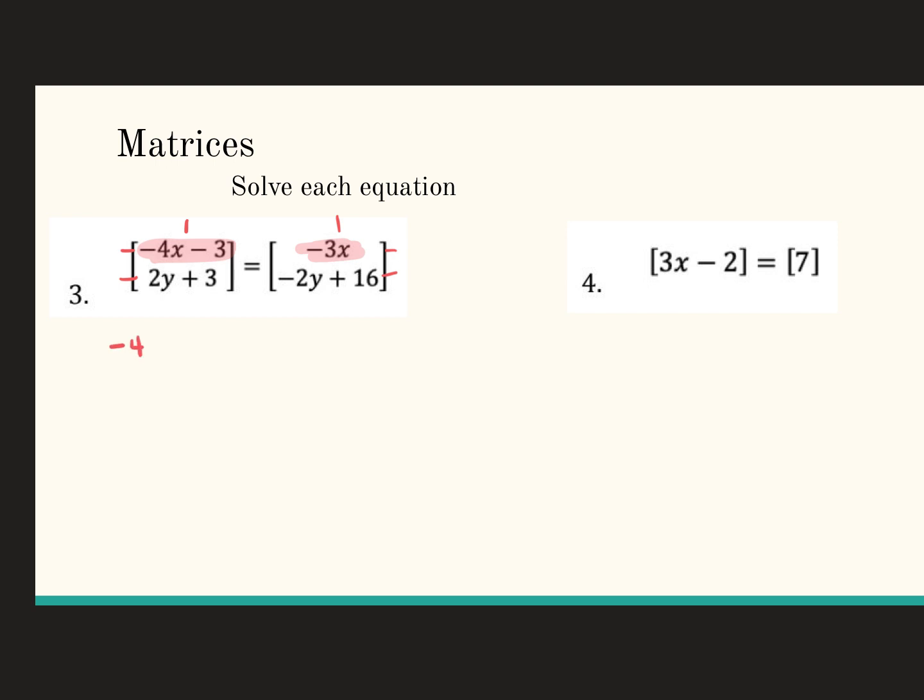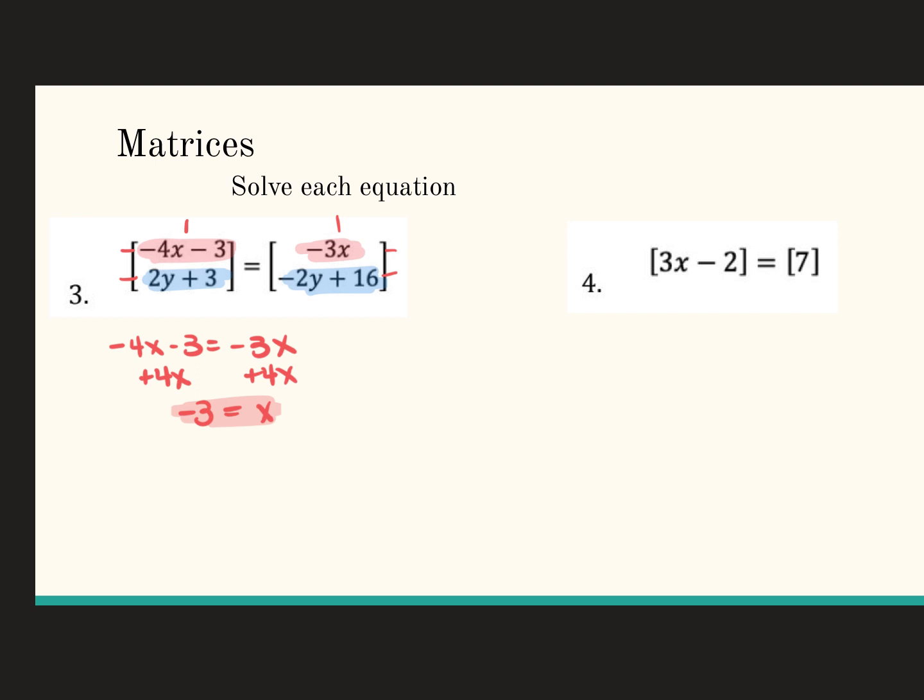So I have negative 4x minus 3 equals negative 3x. Then you're just solving a linear equation. Add 4x to both sides, so x is going to equal negative 3. That's my first one. Now the second row, first column, has to equal the second row, first column in the other one.